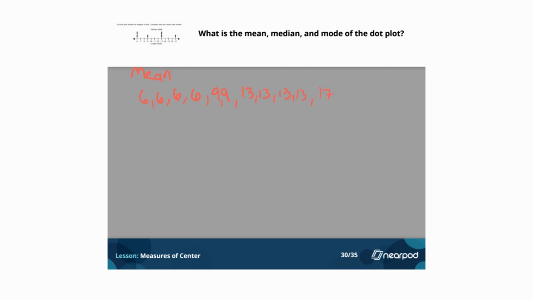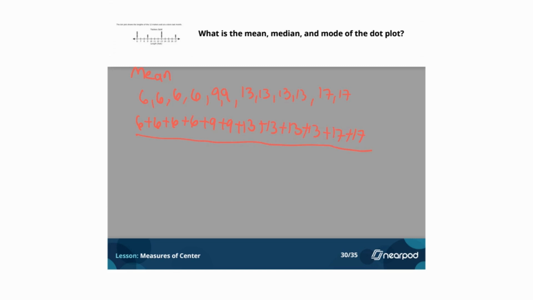For 17, it's twice. 1, 2. So again, for the mean, you're going to add up all those numbers and divide by how many data points there are. So I'm going to do 6 plus 6 plus 6 plus 6 plus 9 plus 9 plus 13 plus 13 plus 13 plus 13 plus 17 plus 17.